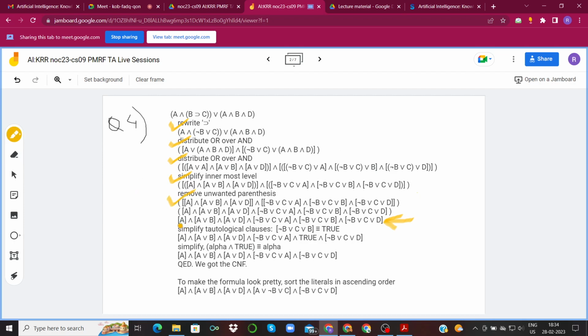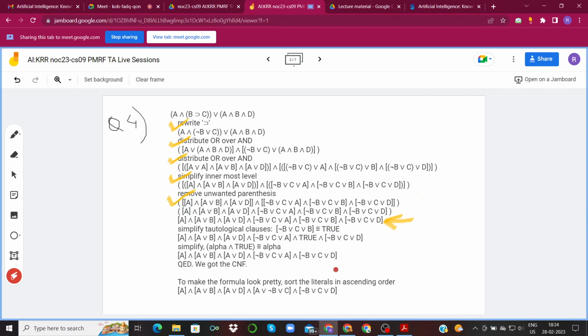Right, so we have A and A or B and A or D, and basically you're doing away with these parentheses at the start, these ones in the middle, just so that you have a bunch of things connected with simply ANDs.